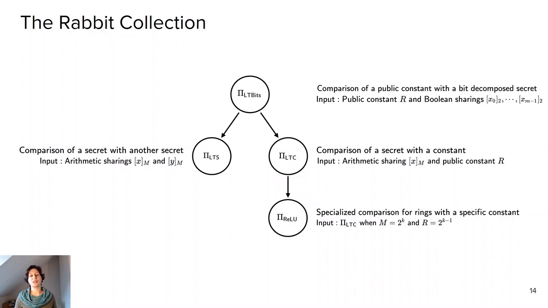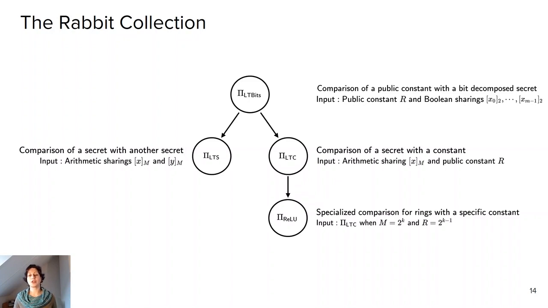The last protocol in the Rabbit collection is the ReLU protocol. We looked at this protocol because we care about practical applications, and as Samir explained at the beginning, the ReLU function is a fundamental component of privacy-preserving computations related to machine learning.